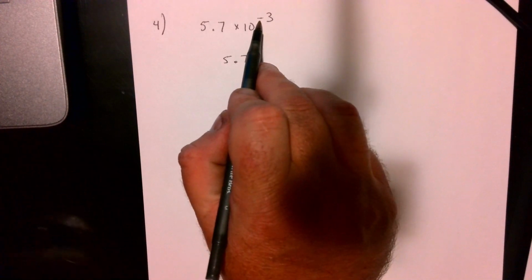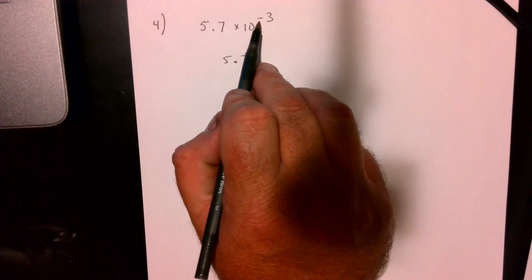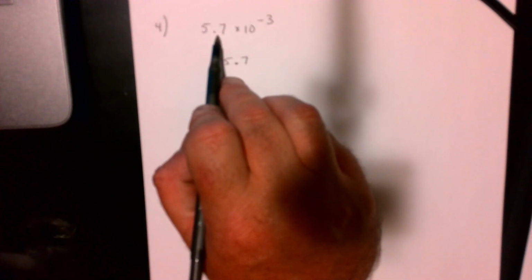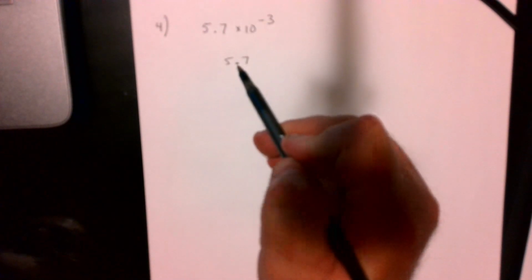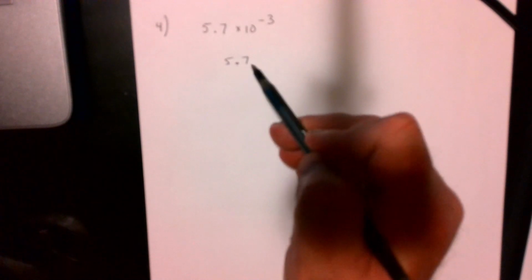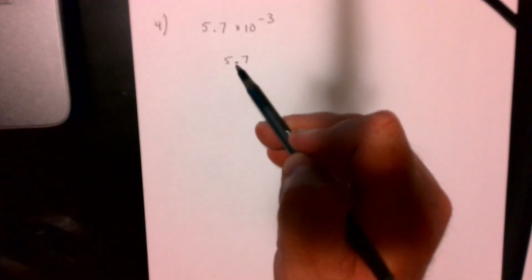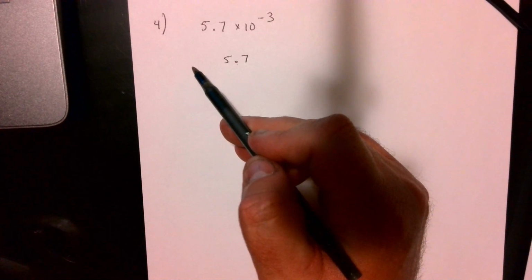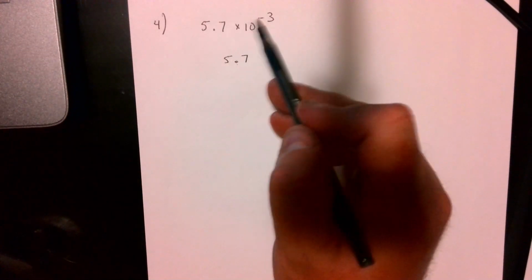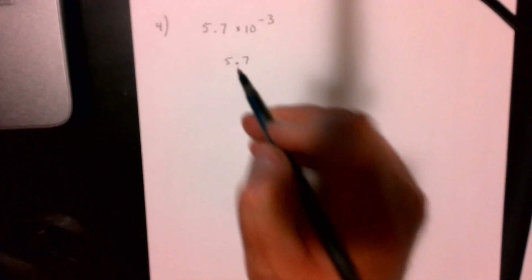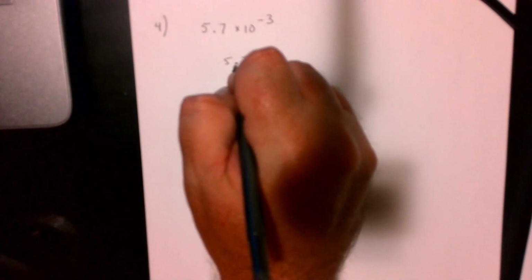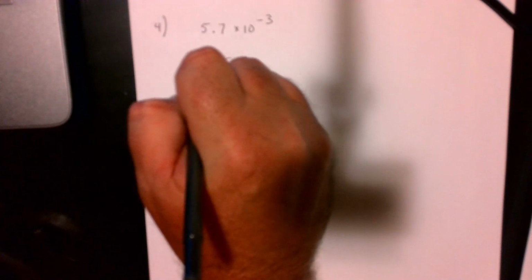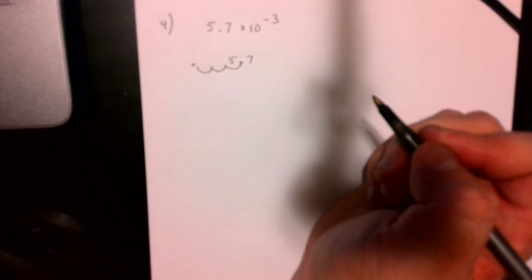But it's negative. So what do we say in the first video? If it's negative, this number should be small. It's not big. So which way is moving my decimal going to make this smaller, to the right or to the left? We want to make it smaller, so yep, we should go to the left. Same thing applies now. Just move your decimal 3 times to the left. So 1, 2, 3. There's your decimal.